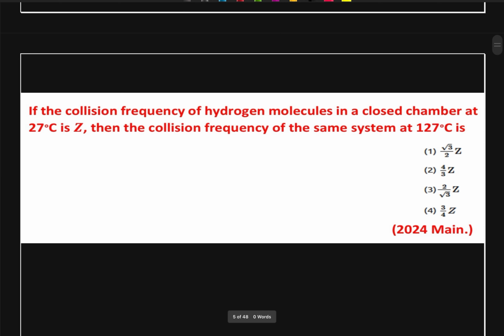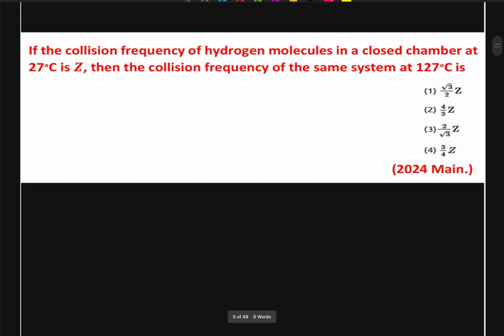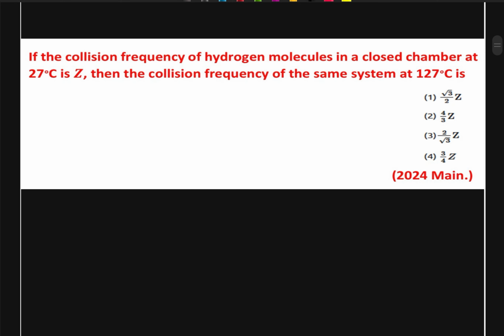Next question. It states that if the collision frequency of a hydrogen molecule in a closed chamber at 27 degrees centigrade is Z, then the collision frequency of the same system at 127 degrees centigrade will be. So in this case, we are given the collision frequency with respect to the temperature.